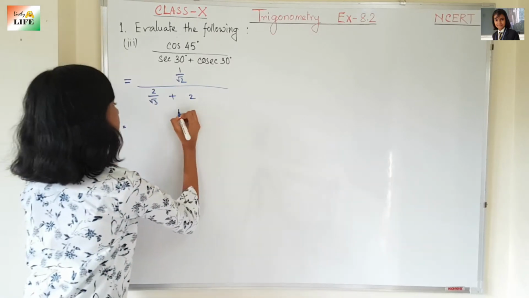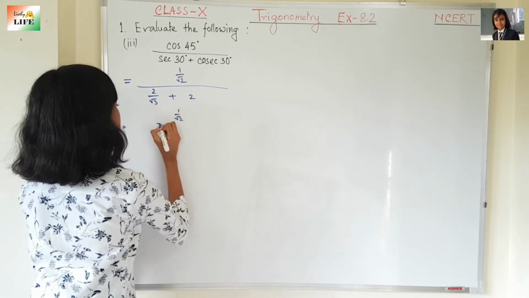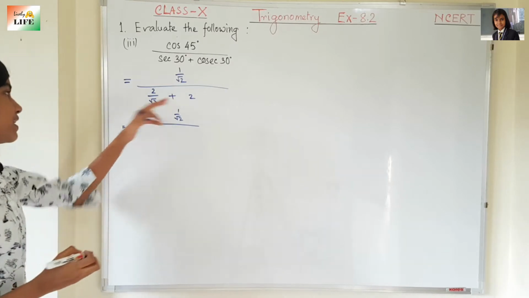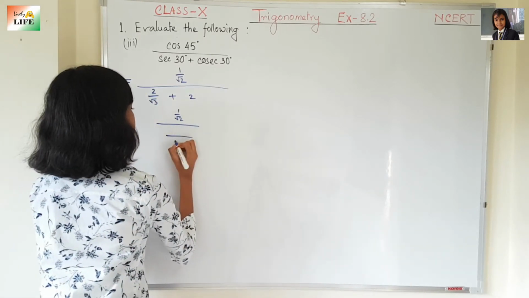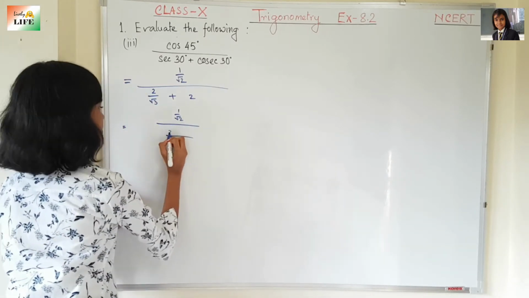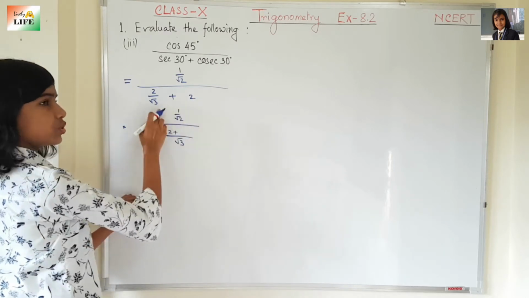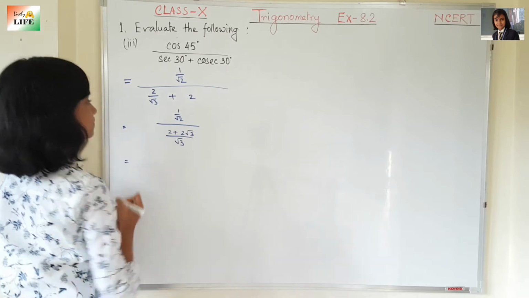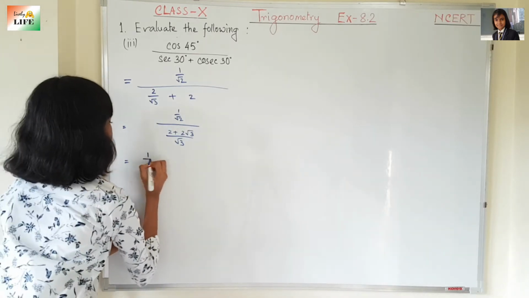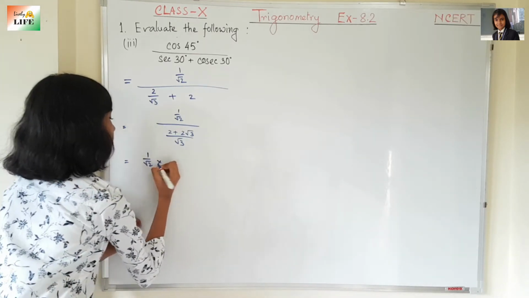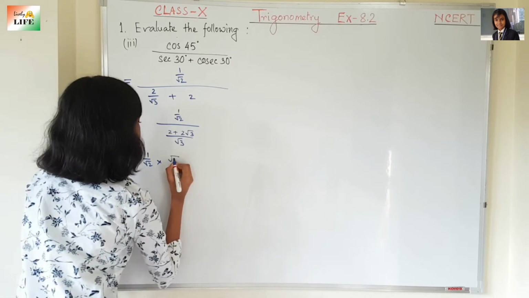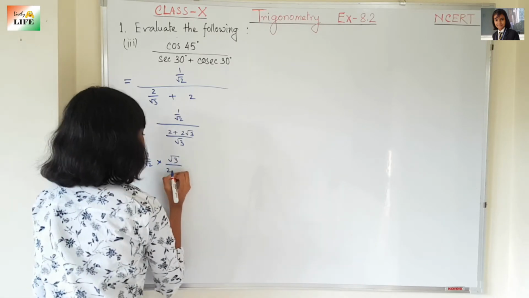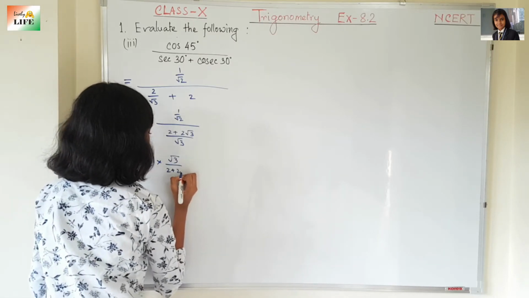So first 1 by root 2. Now we are going to add this, okay? Taking the common denominator, 2 plus 2 root 3 over root 3. Now 1 by root 2 multiplied by root 3 by 2 plus 2 root 3, right?